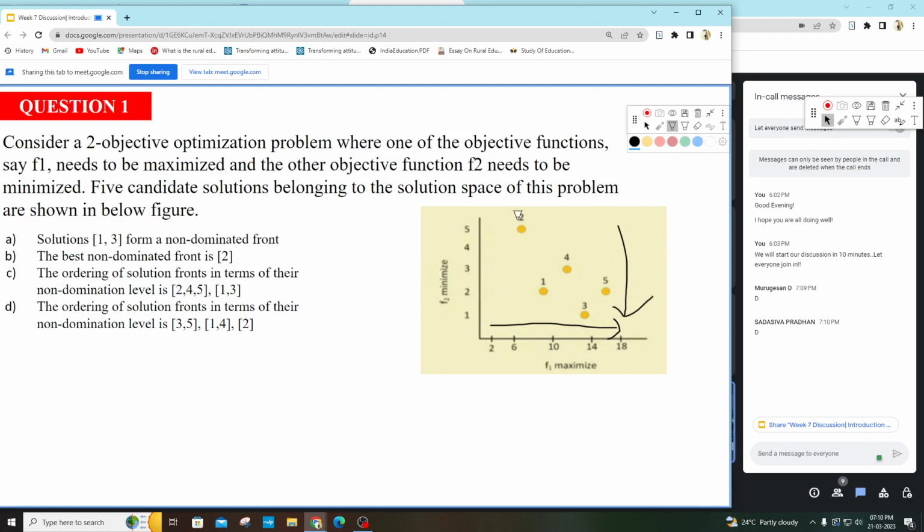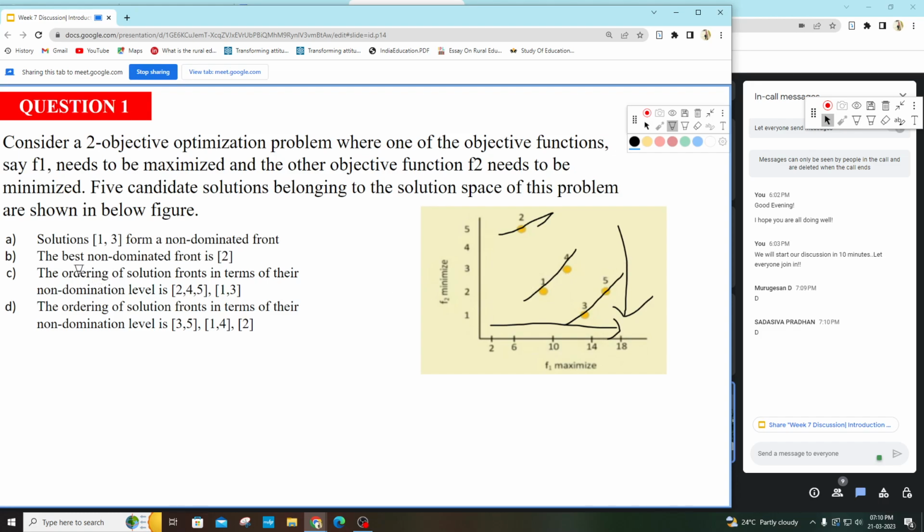That is, if we draw an ellipse over all these points, our non-dominated front should lie in the first, second, third or fourth quadrant. So either this will be your non-dominated front, this, or this.